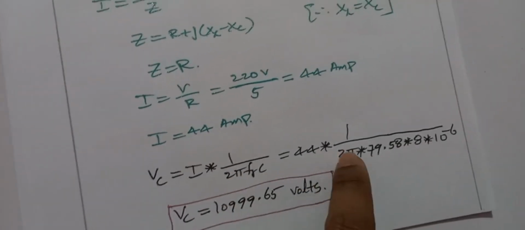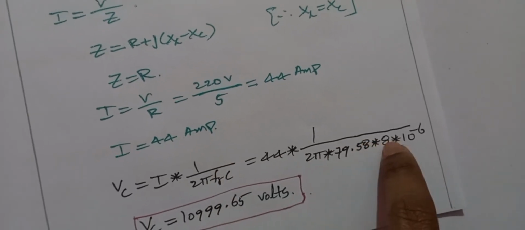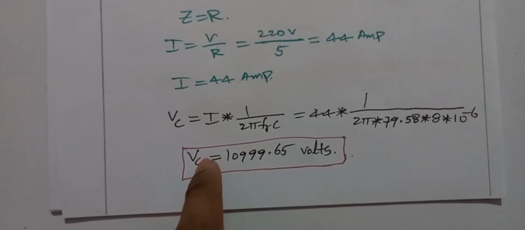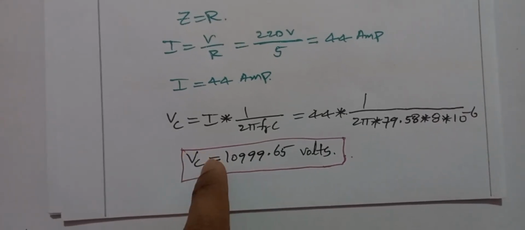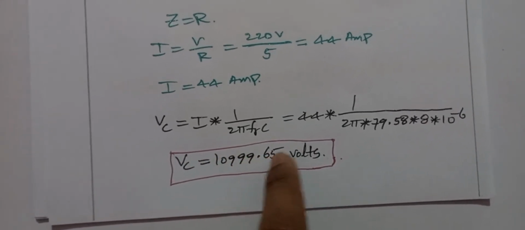So that 79.58 we substitute here, and the capacitance is 8 into 10 to the power minus 6, that means 8 microfarads. Finally, the voltage across the capacitor equals 10,999.65 volts.